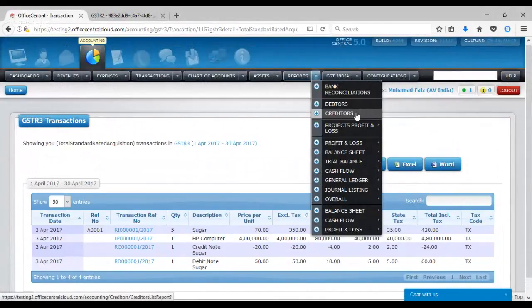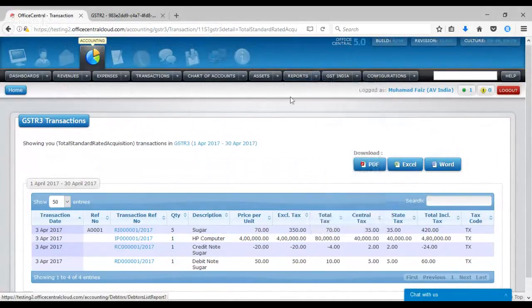The list of the purchases that you are supposed to upload to the GSTN is provided by the system in Excel format. So you select the list of the purchases in Excel and upload. We'll show you later on the data in the Excel format for you to upload to the GSTN.